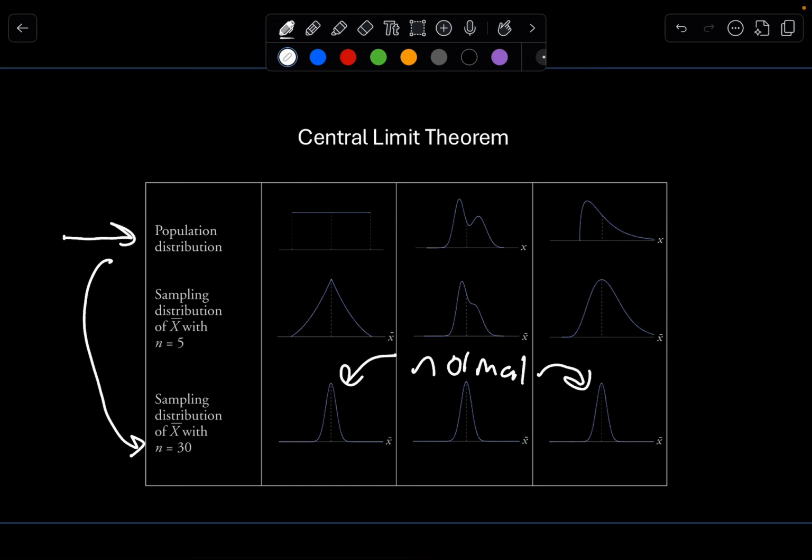But the central limit theorem says the sampling distribution, not the population distribution, will start to resemble a normal distribution as n increases. These sampling distributions are all the possible values for x bar, and they are centered at the population mean. That is a key fact of a sampling distribution.